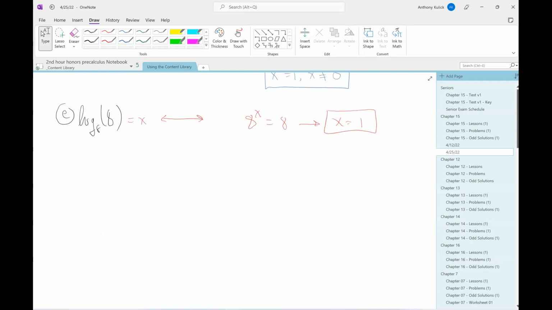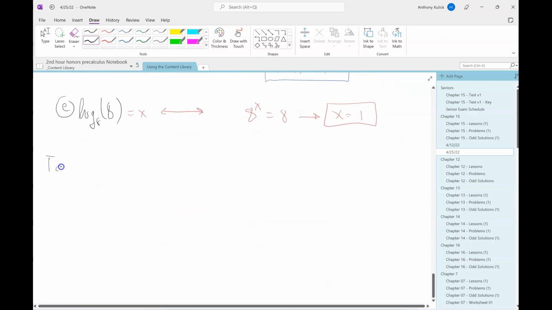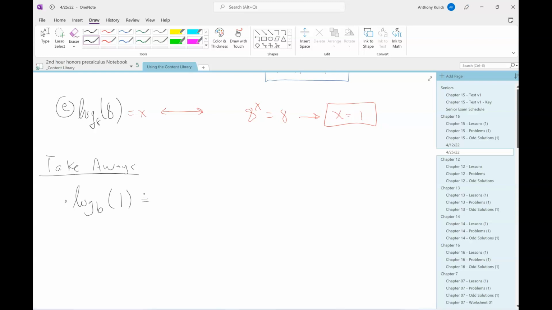Some takeaways here. So any log of 1 has to equal 0.